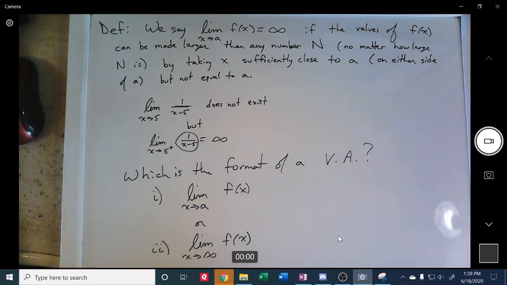Which of these two formats is the format of a vertical asymptote? So let me give you a moment. Discuss that in your group, and I'll pick on a group in a minute.